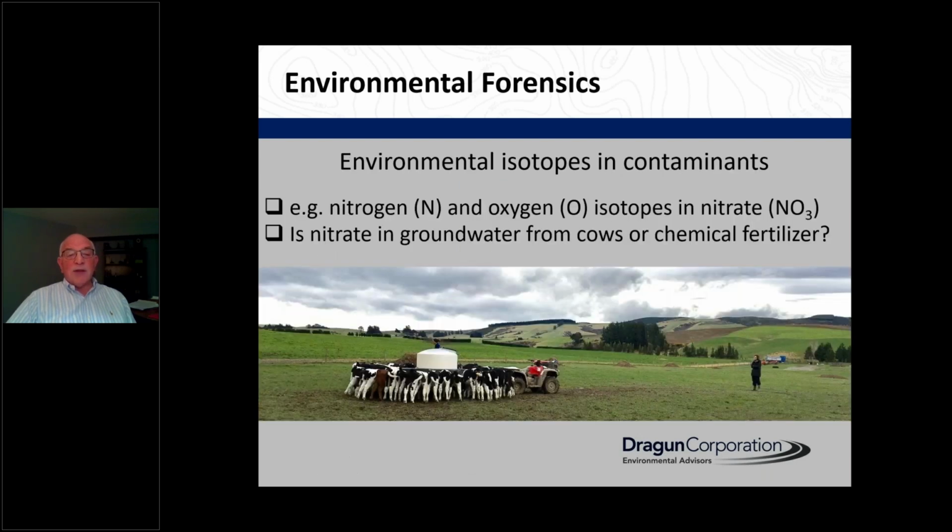Environmental isotopes and contaminants are also useful. One we've been using a lot lately is looking at isotopes in the nitrate radical. You can look at nitrogen isotopes and oxygen isotopes, and we can determine whether nitrate in groundwater originated from cow manure or chemical fertilizer. And the ag industry is particularly interested in this approach.